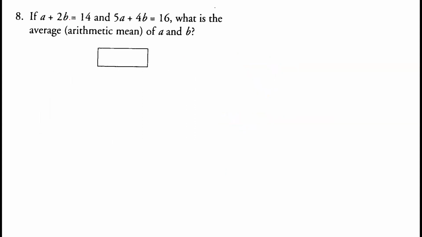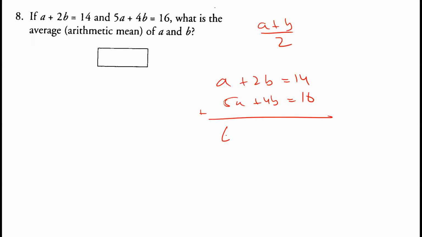Now, if a plus 2b equals 14 and 5a plus 4b equals 16, what is the average of a and b? So we need to find out a plus b divided by 2. If we add both of the equations, this would be 6a, this would be 6b, and this would be 14 plus 16 is 30.